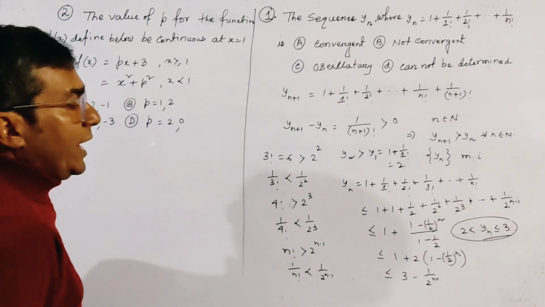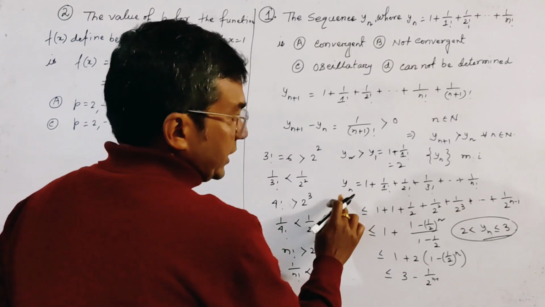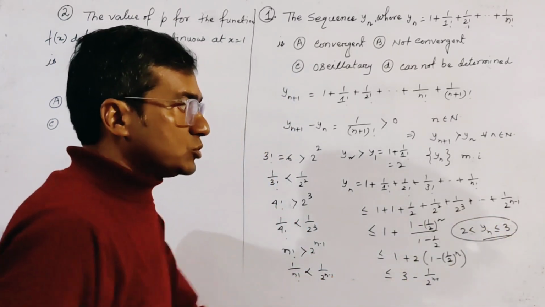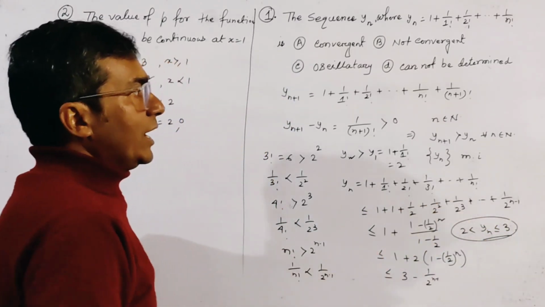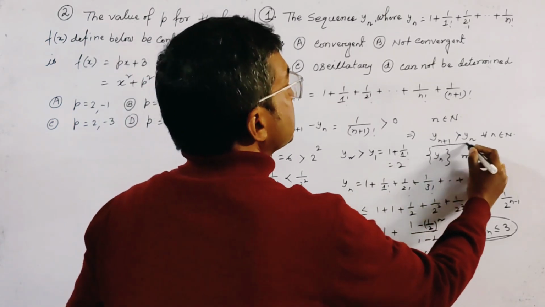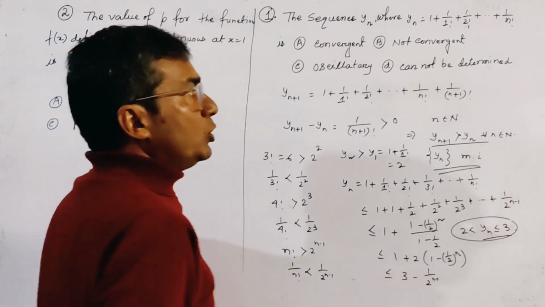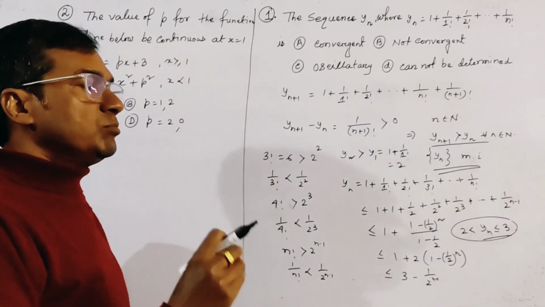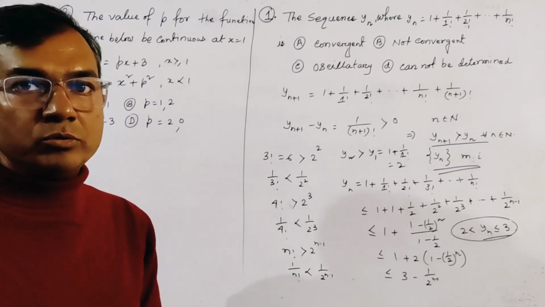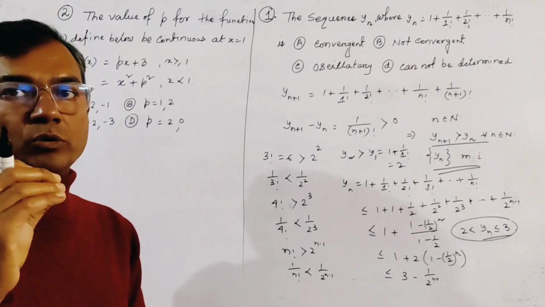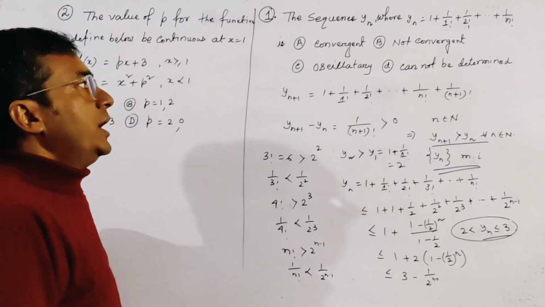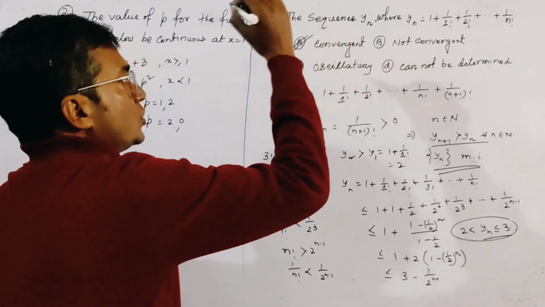It is clear that yn is bounded above because yn is less than or equal to 3, and we already proved it is monotonic increasing. We know that any sequence which is monotonic increasing and bounded above must be convergent. So our correct option is option number A.